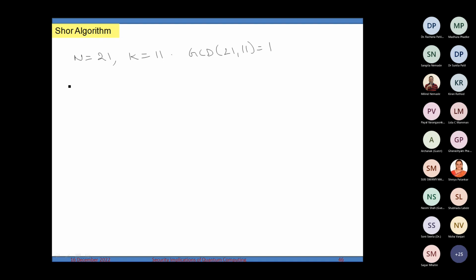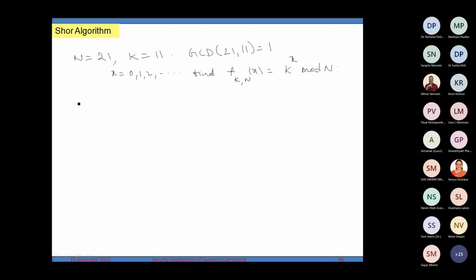Now I'm trying to find, for different values of x, x equal to 0, 1, 2 and so on, f of k, n of x is equal to k power x mod n.